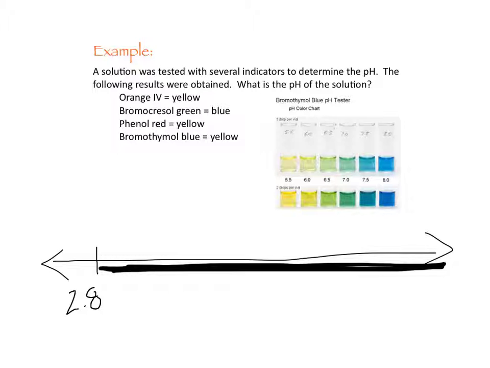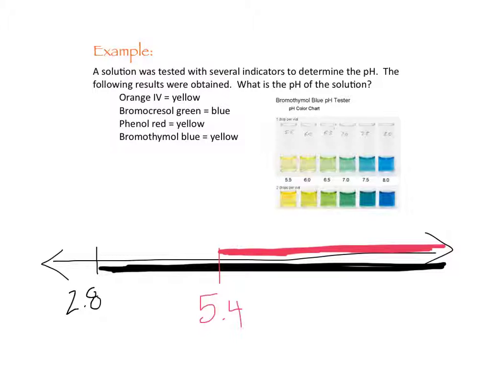So bromocresol green. Bromocresol green is blue at 5.4 and greater. So on our number line at 5.4, we know that at 5.4 or anything above 5.4, bromocresol green would be blue. So it can't actually exist between these two, otherwise bromocresol green would be the wrong color.